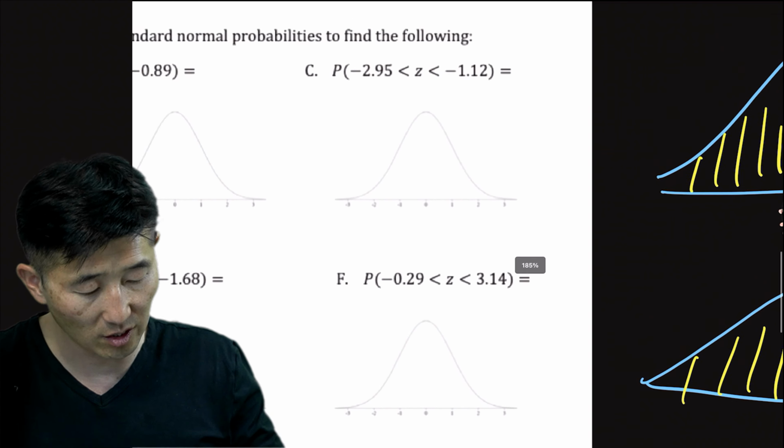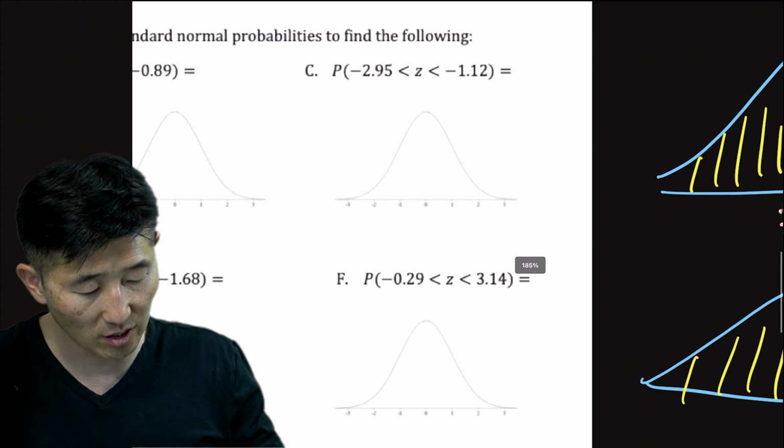Okay, so this would be 0.3859. And then the percentage for 3.14, it's 3.1, then 0, 1, 2, 3, 4. I believe it's this one, right? Yeah. So 0.9992, got it?